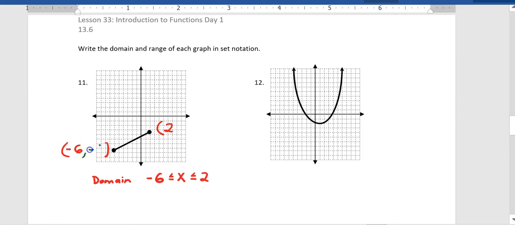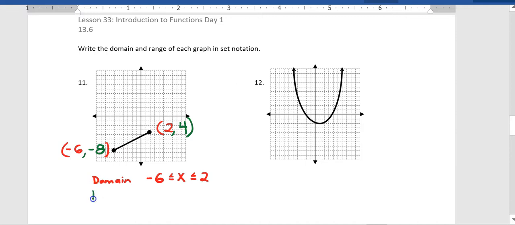All right, Aaliyah voted it's -8. Right. Now we look at our top point. What is the y value of that top point? 4? Okay, 4. That works.